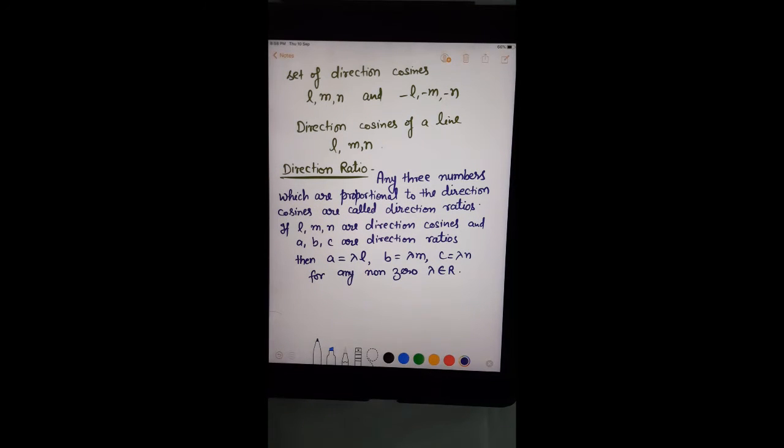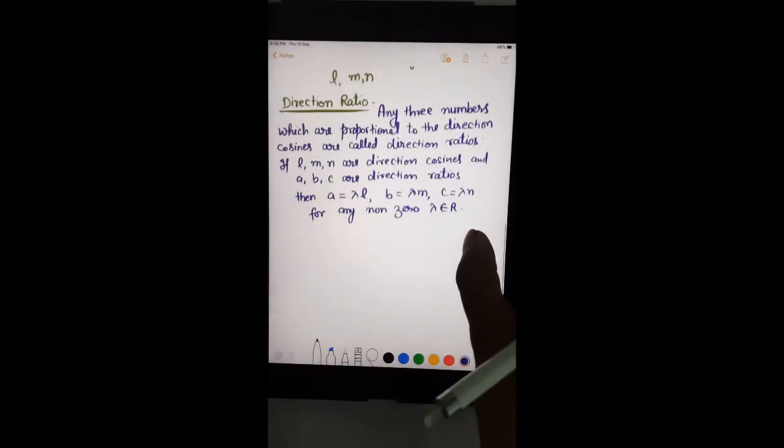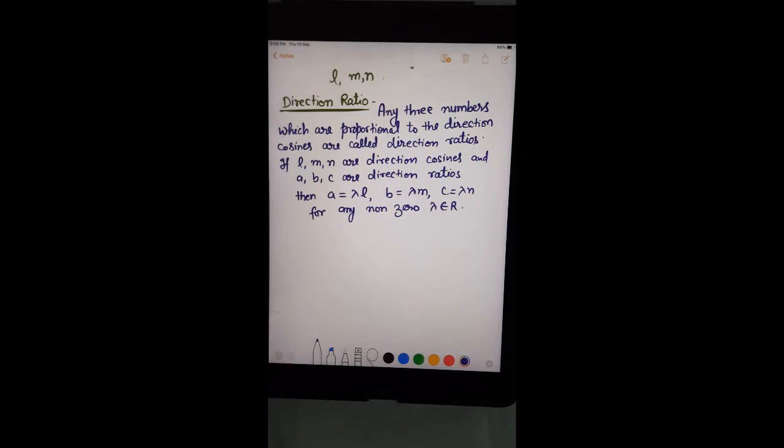So lambda is any real number that is non-zero.